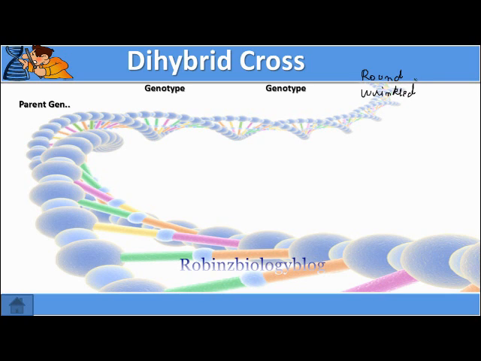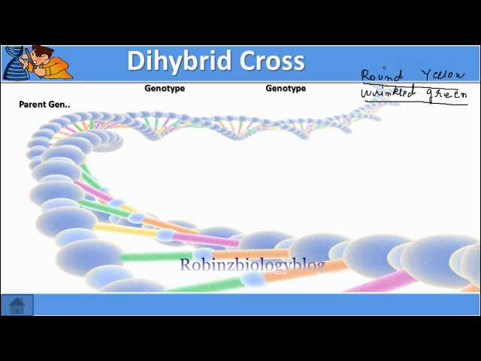One produces seeds which are round in shape and yellow in color. The one which produces wrinkled seeds always has green seeds. So there is one variety which always produces seeds which are round and yellow, and the other one which produces seeds which are wrinkled and green.